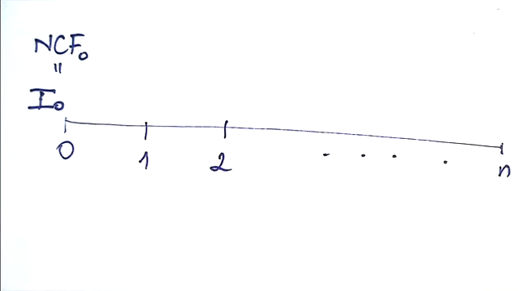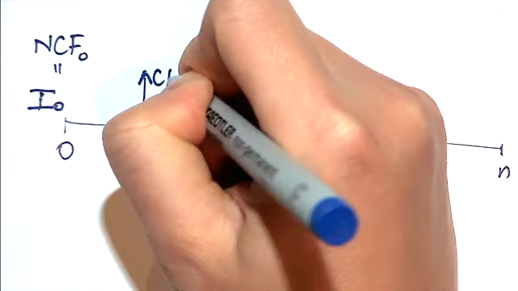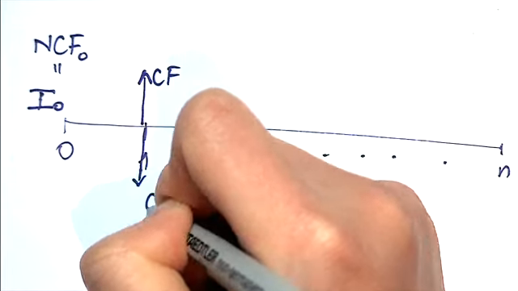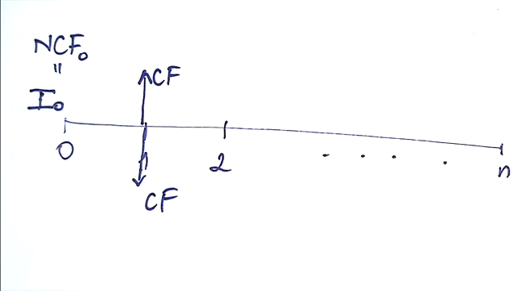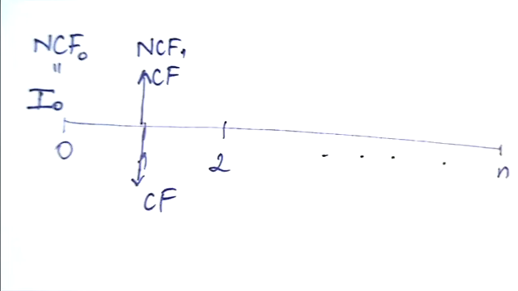Agree? At time 1, there will be cash inflow. There can also be cash outflow. And the difference between inflow and outflow will tell you the net cash flow at time 1. Right?